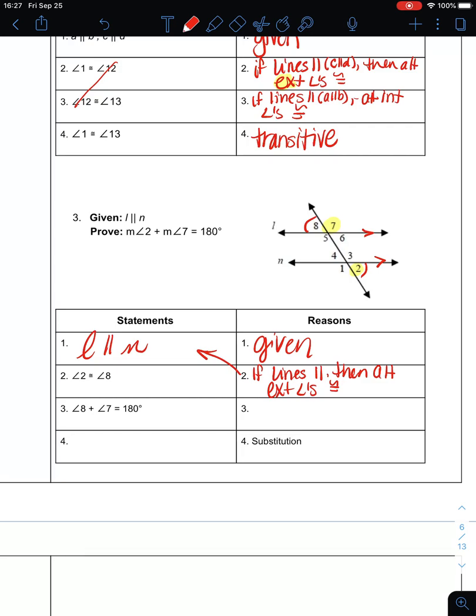That's what the alternate exterior angles theorem says. So if 2 is congruent to 8, remember what I'm trying to prove is that 2 and 7 are supplementary. Well, what I notice is that 7 and 8 are supplementary, or they add to 180 degrees because they are a linear pair. So you would say it's the definition of linear pair.